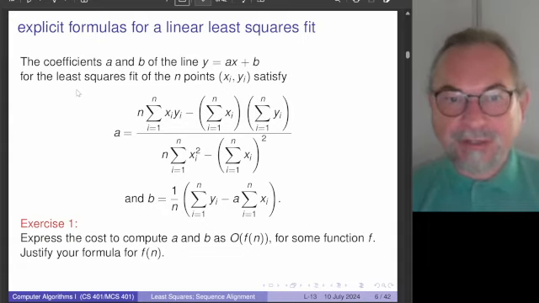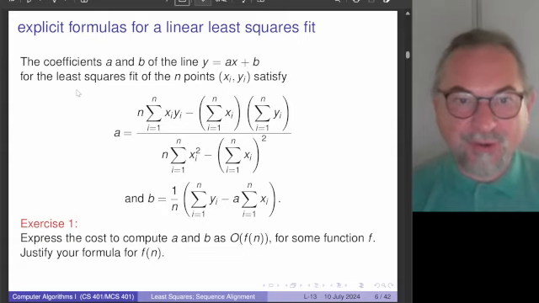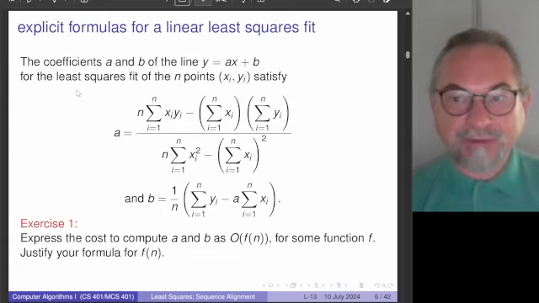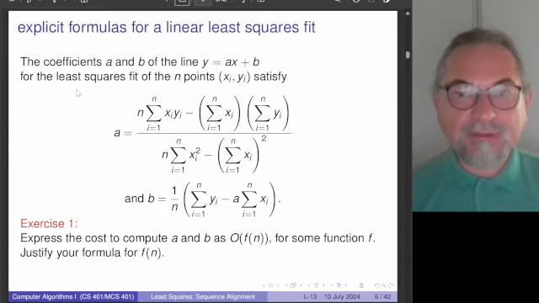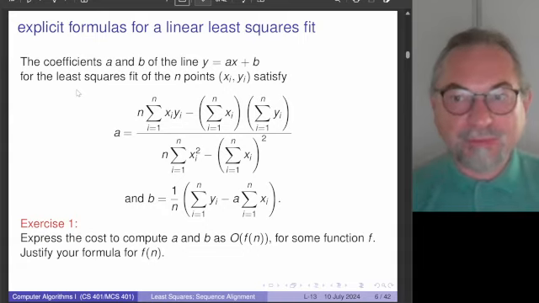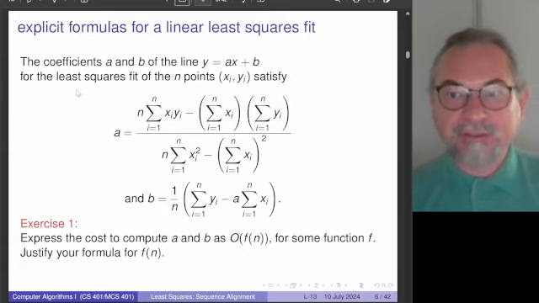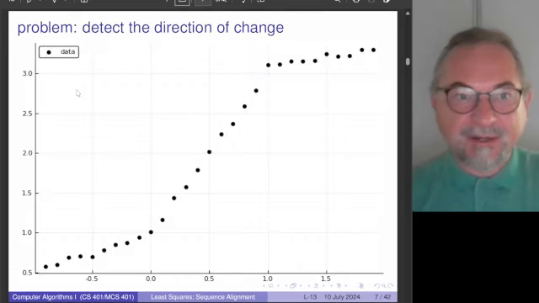You can do this either by reasoning on the formulas and expressing the number of operations as a function of n, or you could also write pseudocode, that's the alternative, and then observe the double loops with a constant number of operations in the innermost loop. Okay, so this is the first exercise.